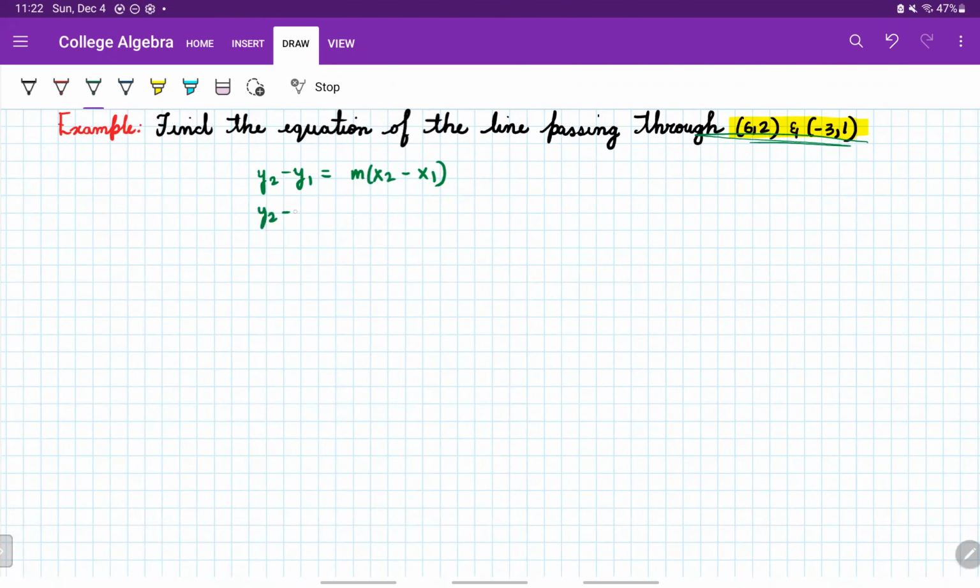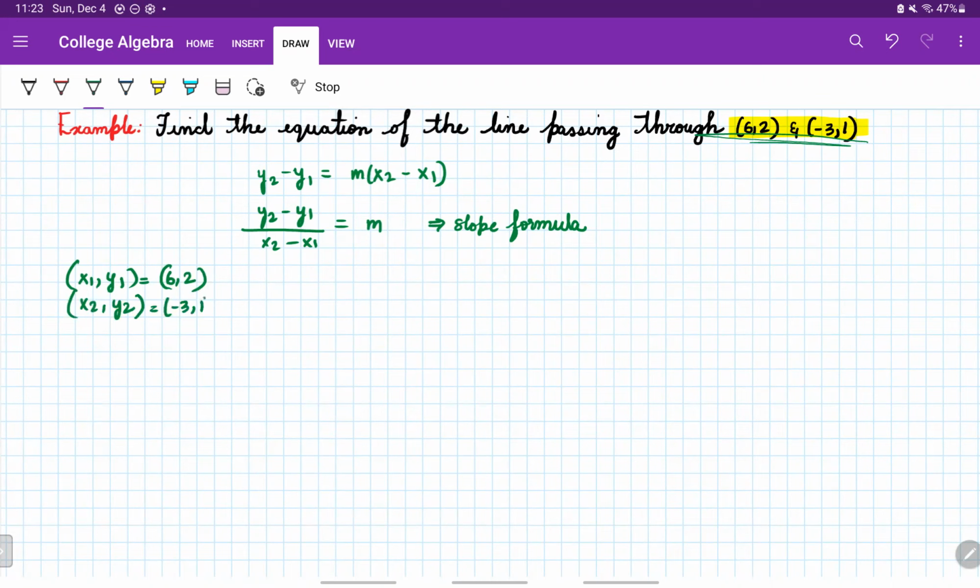So you get y2 minus y1 divided by x2 minus x1 equals m, which is our slope formula. And now here we have 2 points. So we have x1 comma y1 as 6 comma 2 and x2 comma y2 as negative 3 comma 1.